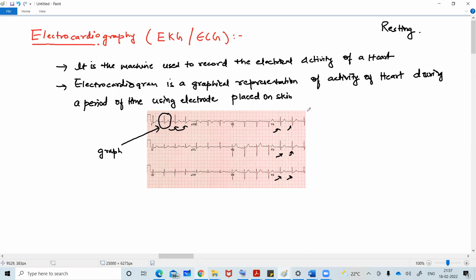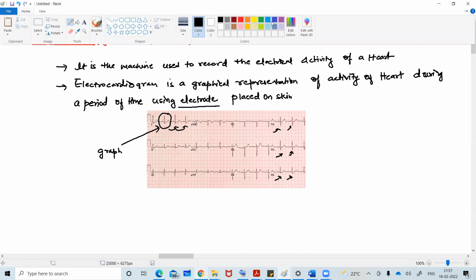First of all, let's talk about what the electrodes are doing, right? These electrodes detect the electrical changes going on in the body.